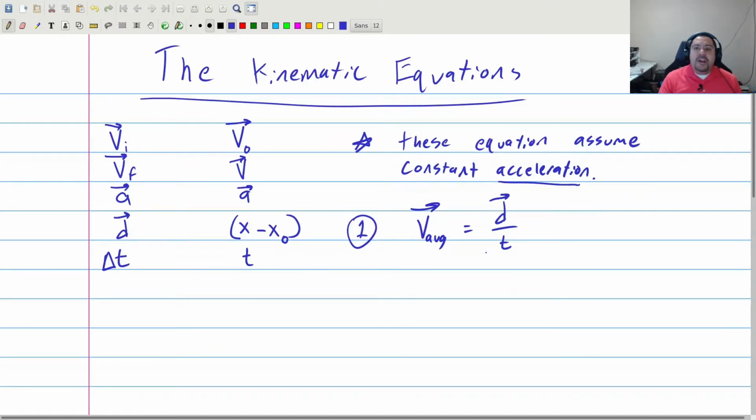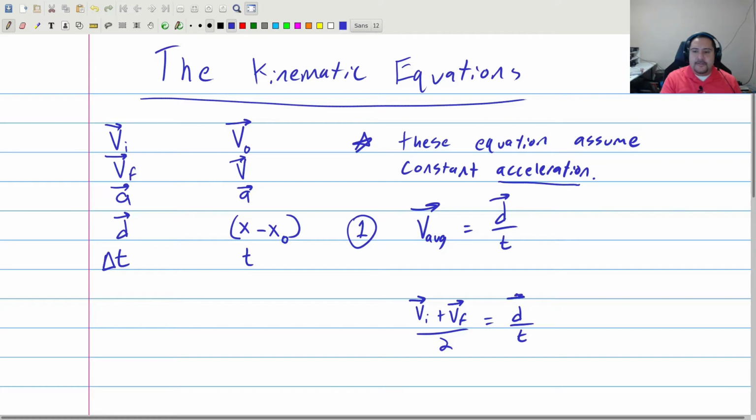Okay, we know that. We also know if you're accelerating at a constant rate, your average velocity is going to be v initial plus v final divided by 2, just like you average any two numbers. Add them together and divide by 2. So, v initial plus v final divided by 2, vector there, is going to be equal to d over t.